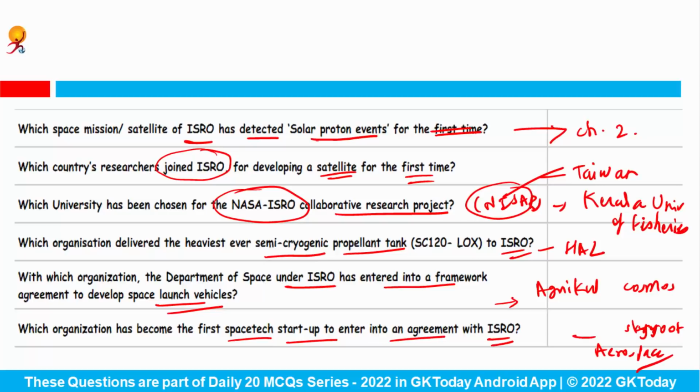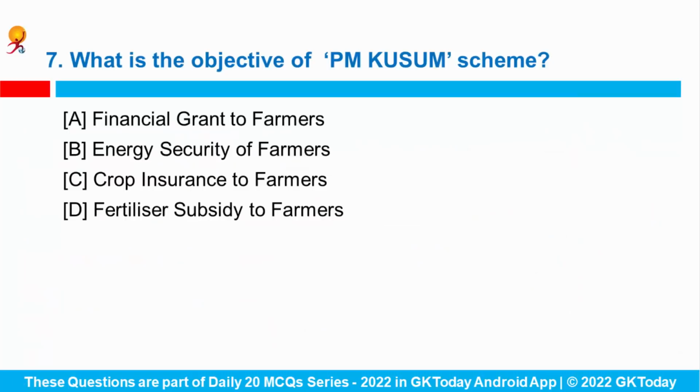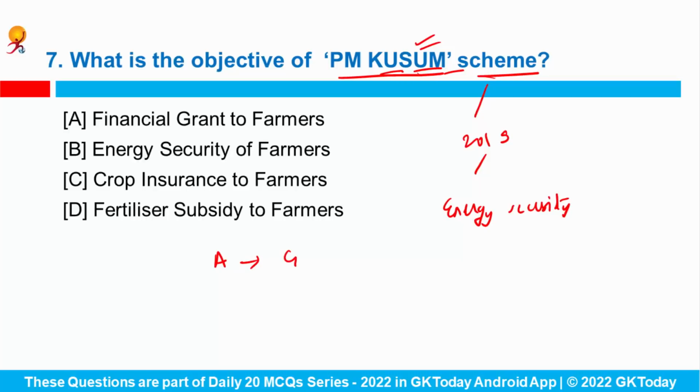Fine. Next question. What is the objective of PM Kusum scheme? First of all, what does PM Kusum stand for? Pradhan Mantri Kisan Urja Suraksha Evam Utthan Mahabhiyan, and this scheme was launched in the year 2019 to ensure energy security of farmers. So basically component A includes setting up of grid connected renewable energy power plants.